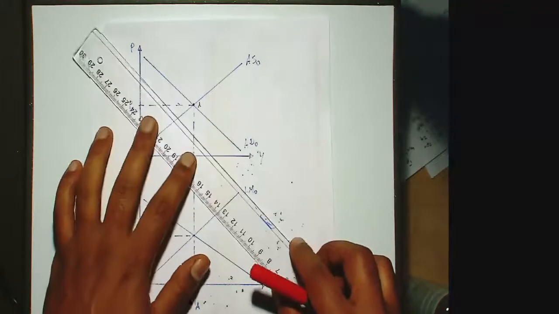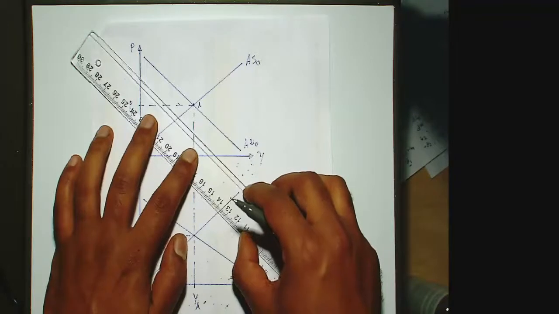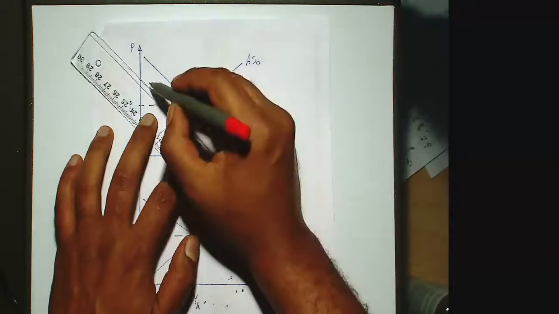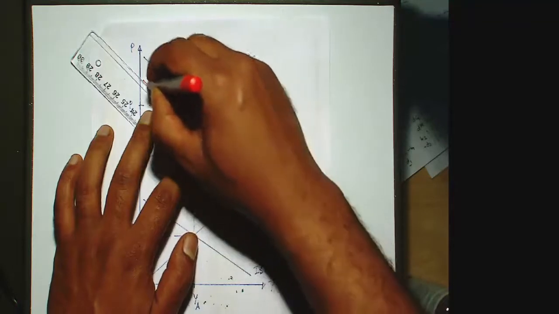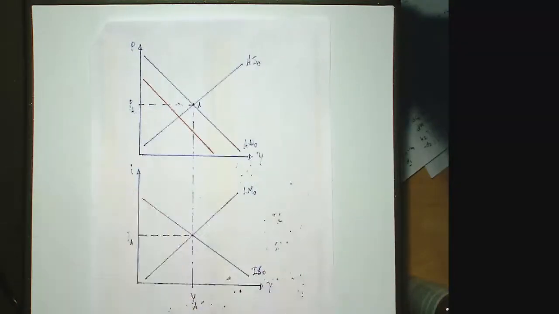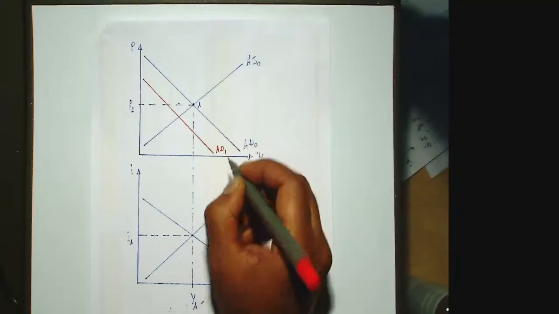So in this case, the money supply decreased in the economy, so overall economic activity would decrease. This is to say our aggregate demand would shift inwards from AD0 to AD1.